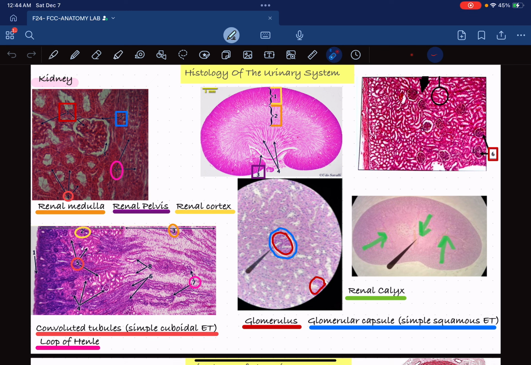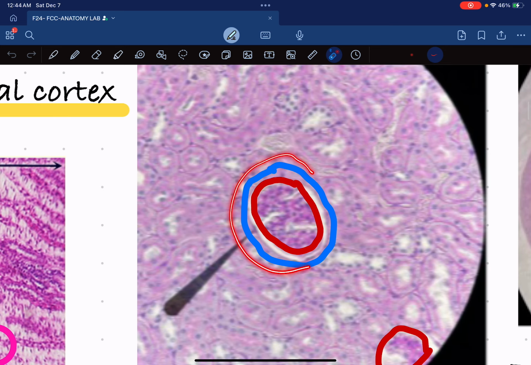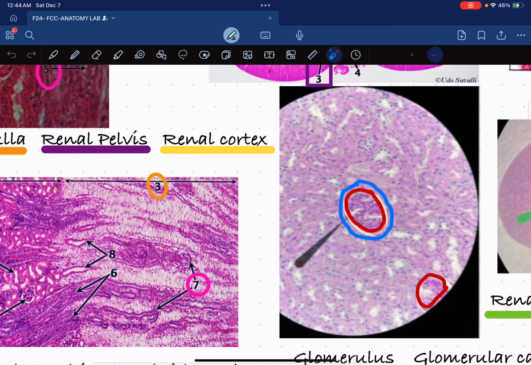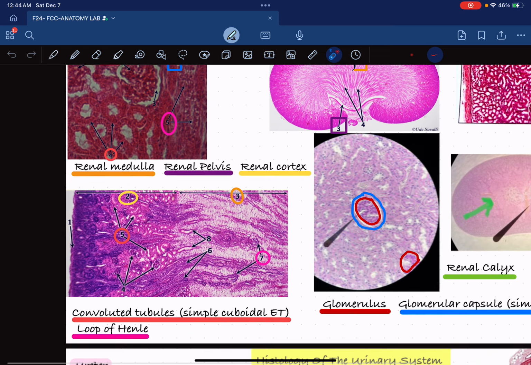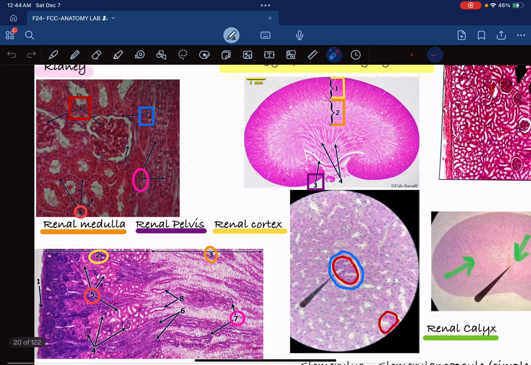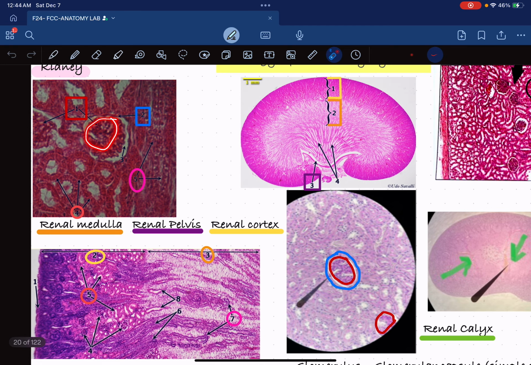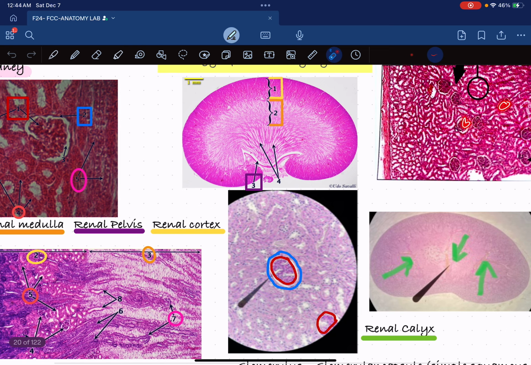The glomerular capsule, which is made out of simple squamous epithelial tissue, holds the glomerulus. The glomerulus is located here in dark purple. We can also identify many more glomeruli right here in a bigger version, as well as over here.